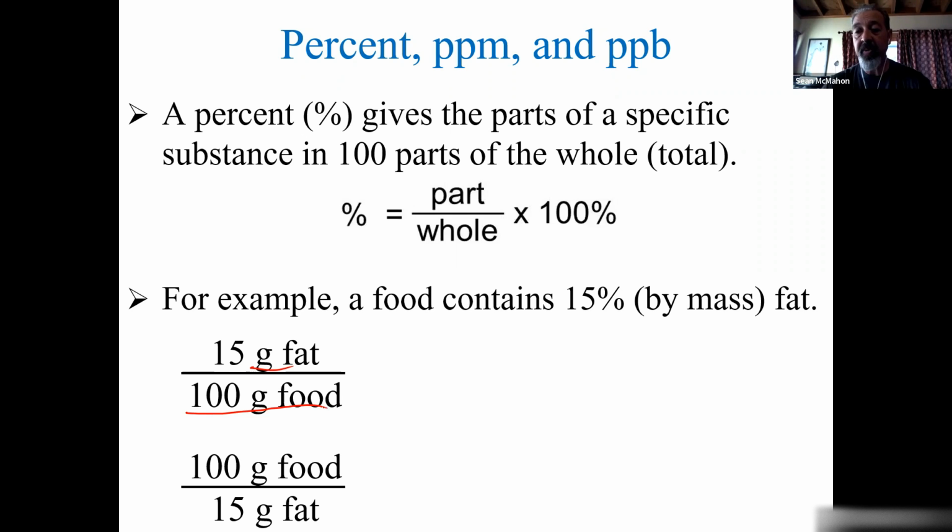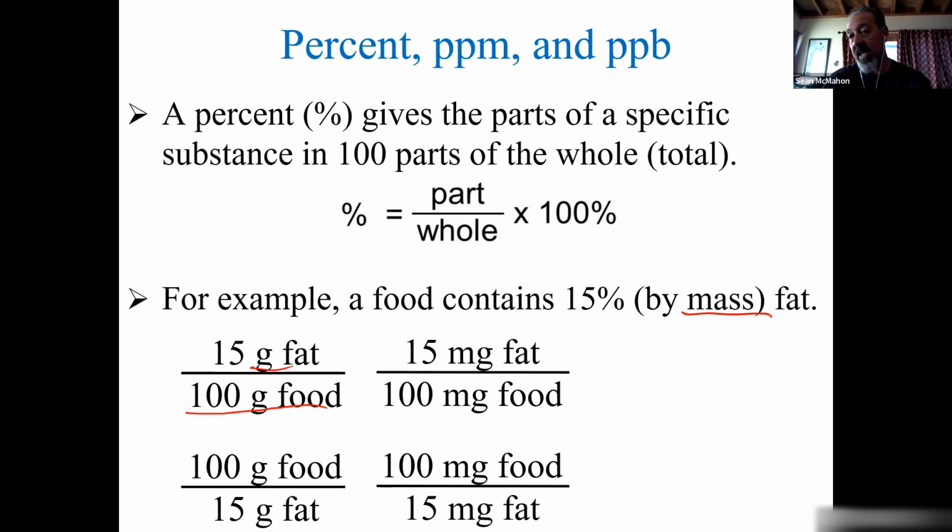If I'm not using the unit of grams, let's say the metric system, to weigh the food, let's say I'm using something else, like milligrams, I can still use the ratio. 15% is 15 still over 100. It doesn't matter the unit. So I can change it to milligrams as long as I keep it consistent.